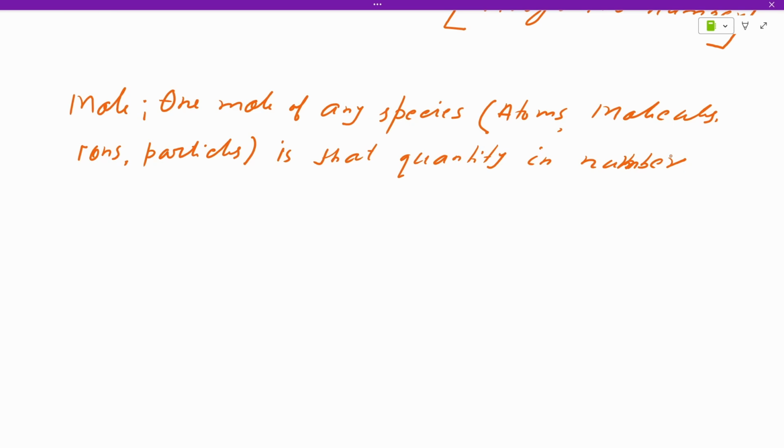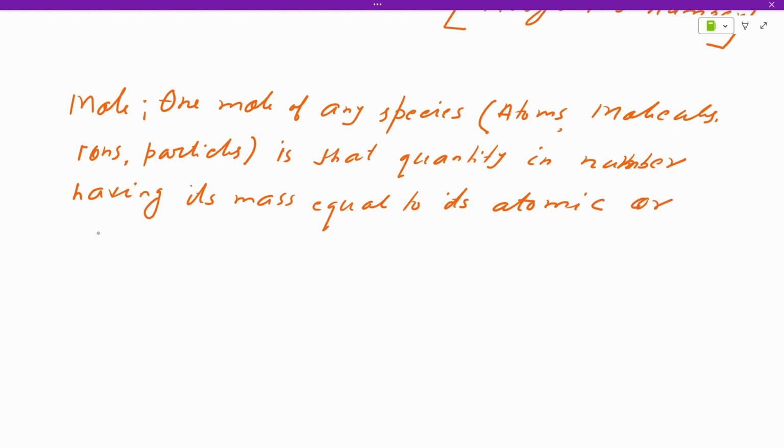having its mass equal to its atomic or molecular mass in grams.